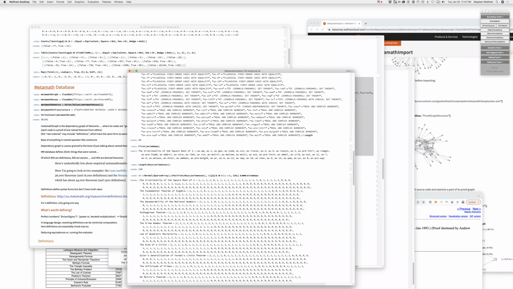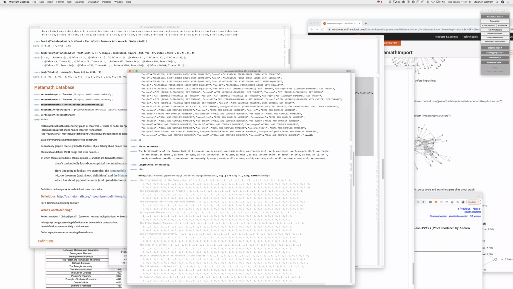Okay, so now with u equals this, array plot of last at u, and then we want to say frame ticks arrow.